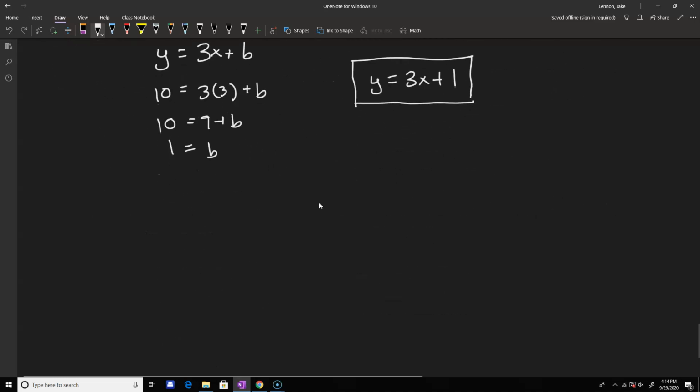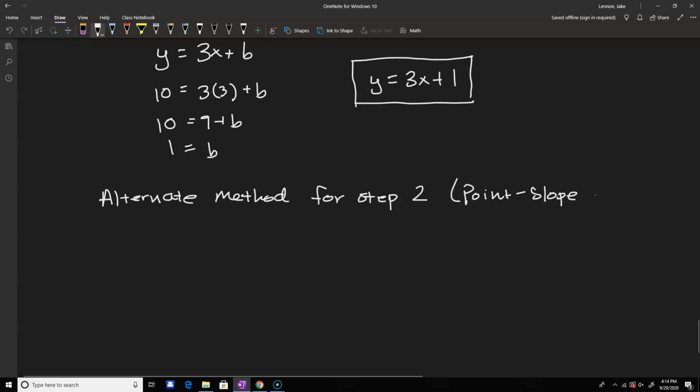So the alternate method for step 2 is point slope form, which is another formula.